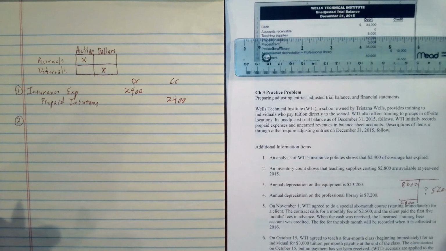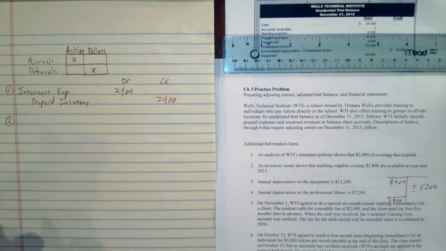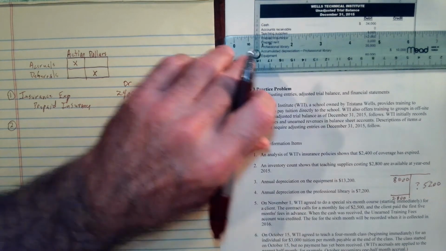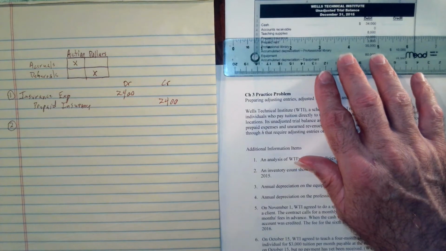Does that make sense to everybody in the room? So my journal entry is going to be for 5,200 because this is what I used up of office supplies.